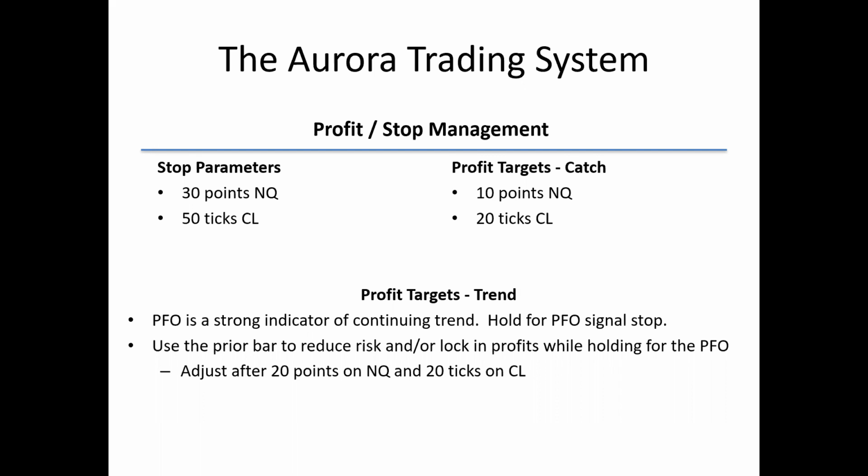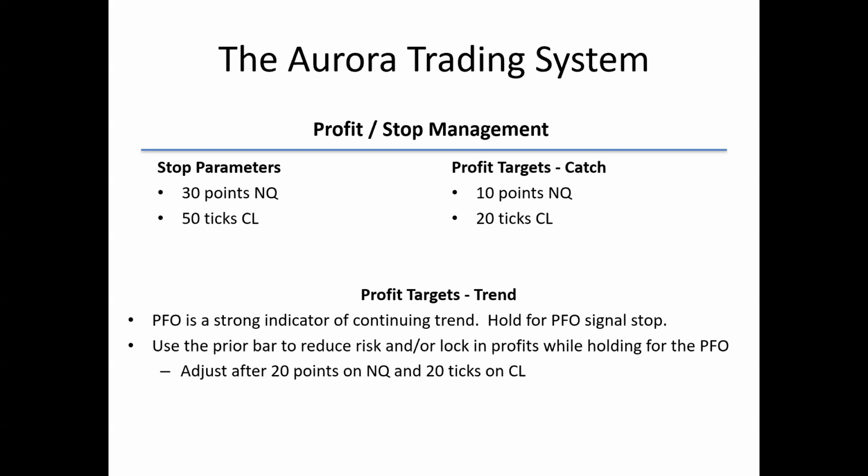Our initial adjustment in using the prior 5 or 10-minute bar is after NQ has moved 20 points, which is the same as what we've been doing on PB13 trades, or after oil CL has moved 20 ticks.